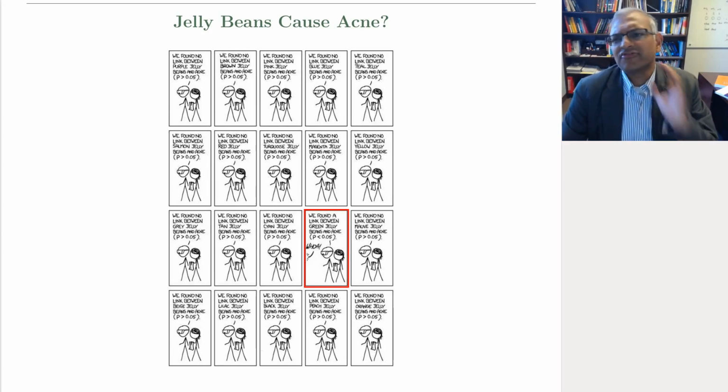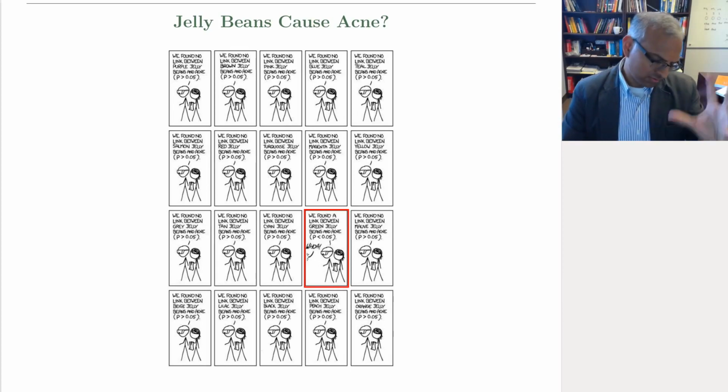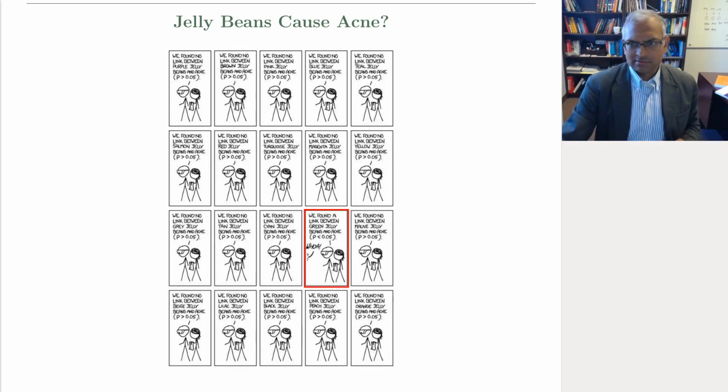So there's only a 5% chance that the conclusion of experiment 1 with purple jelly beans is wrong, and then the conclusion of experiment 2 with brown jelly beans is wrong. Okay, so whatever the conclusions coming out from each of these 20 experiments, it's overwhelmingly likely that the conclusion of each experiment, when looked at independently, is right.